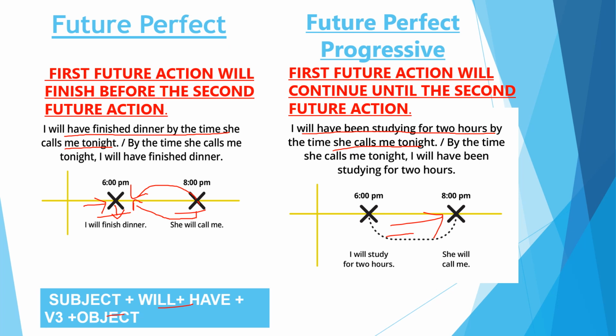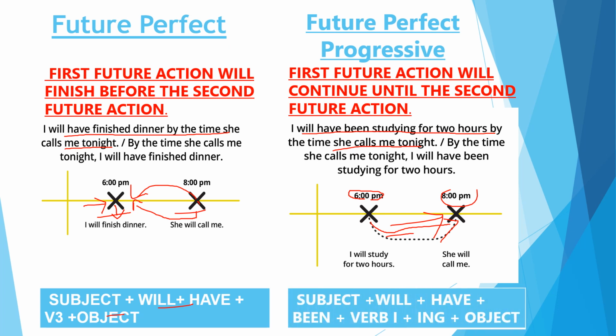So she is going to call at 8 and I started studying at 6. So I will still be studying when I get the call from her. This is how we use the future perfect progressive tense, and this is the sentence structure: subject, will have been, verb ing, and object. Let's see examples and uses.